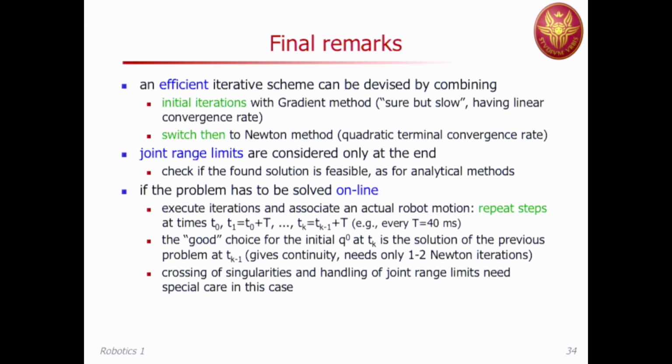This last comment requires a little bit of thought. So I could think of solving the inverse kinematic problem, not offline like I'm doing here. Suppose that I need to start with my KUKA lightweight arm with a certain position of the end effector. How do I bring the robot in that position?